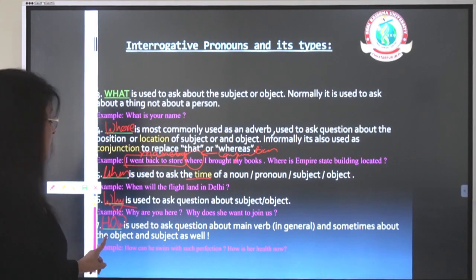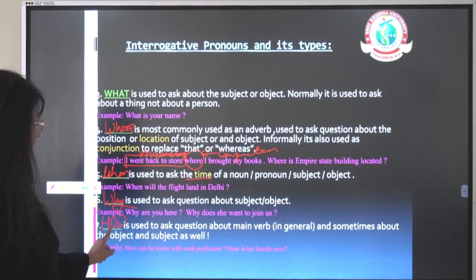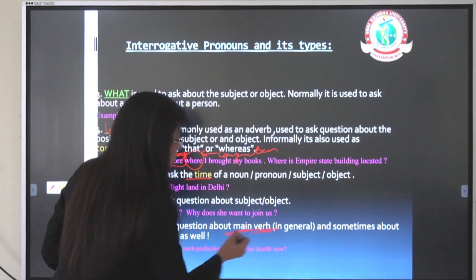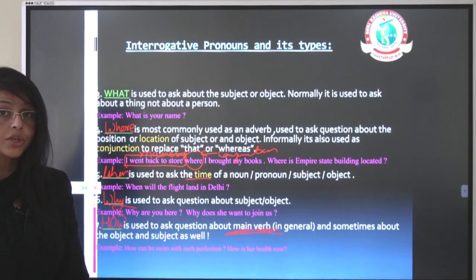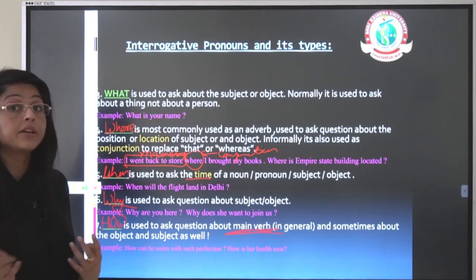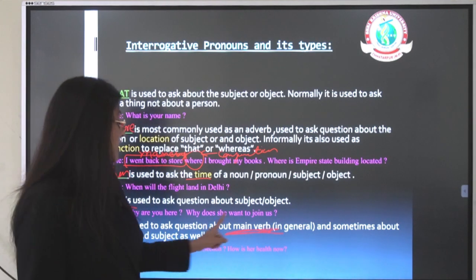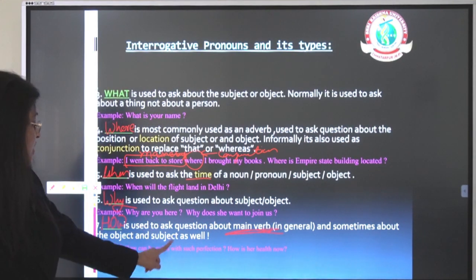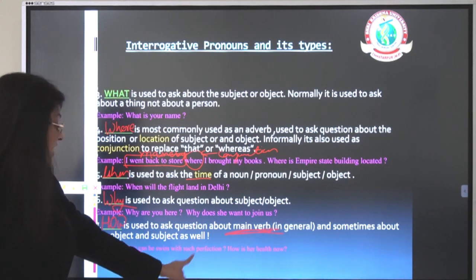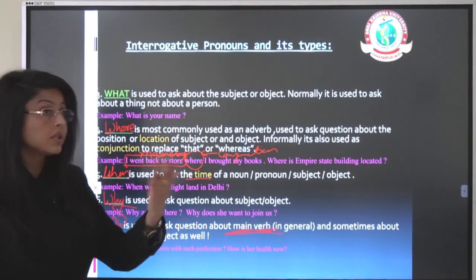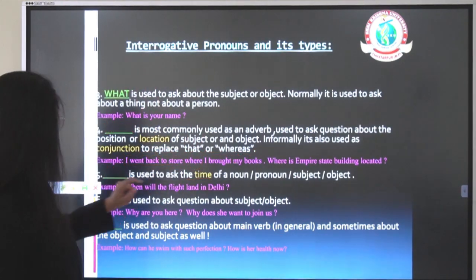How is used to ask a question about the main verb, not the auxiliary verb, not the helping verb. Helping verb and auxiliary verb are the same thing. It is asking about the main verb. So, how can he swim with such perfection? How is her health now? So, these are the interrogative pronouns.